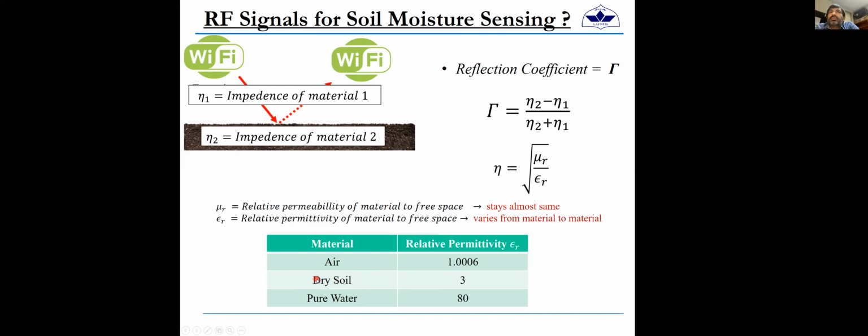Now, if I take dry soil and pure water and mix them, then I can expect that the relative permittivity is going to be between 3 and 80, depending on the volume of soil and the volume of water mixed, which volume is greater. Okay, so depending on the volumetric water content of the soil sample, you will get a permittivity value between 3 and 80. Right? So this is the thing that we will be using in our experiments, but indirectly, not directly. I will tell you how.